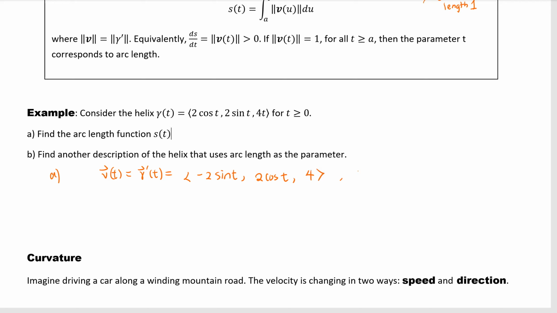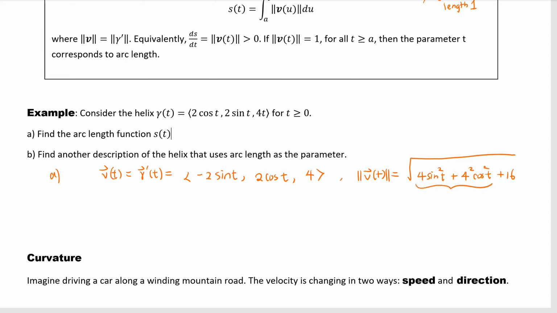Then what is the length of this tangent vector of velocity? It equals the square root of the sum of each coordinate squared. So 2 squared is 4, then we have sine squared t; 2 squared is 4, we have cosine squared t; and 4 squared is 16.